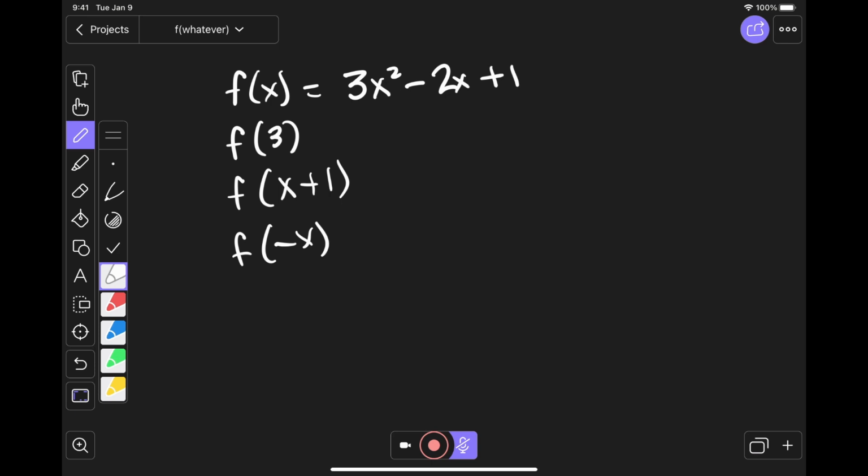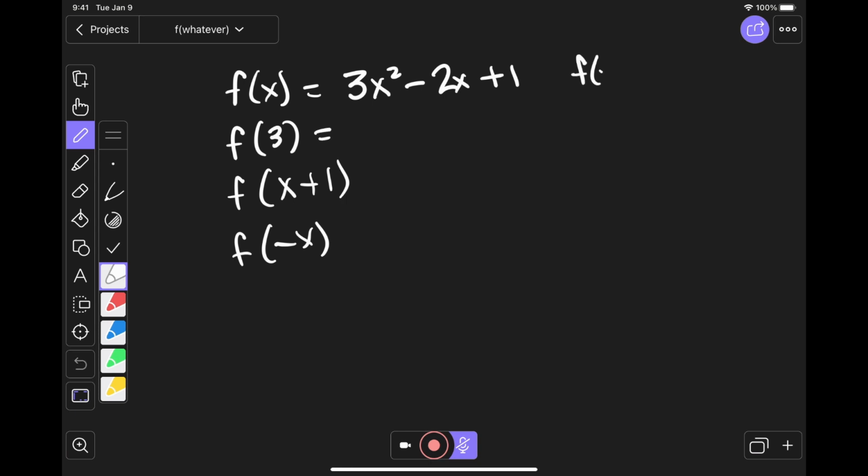So this x right here is an input, and f of x processes that input and makes an output. So when we see f of 3, that means 3 is now the input.